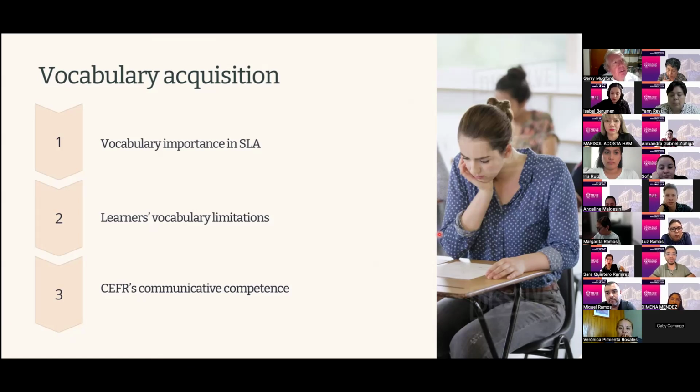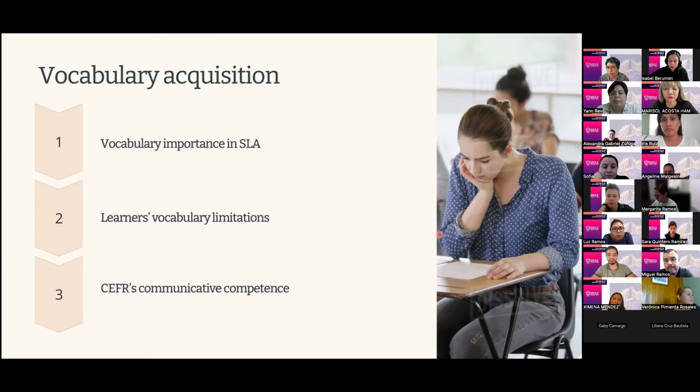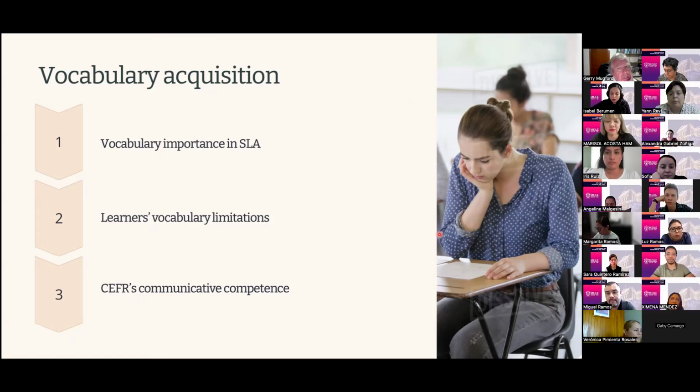And number 3, I'm going to use the Common European Framework of Reference for Languages, which is a very important process of languages, because they explicitly tell us what a student or a learner should be doing in each level.